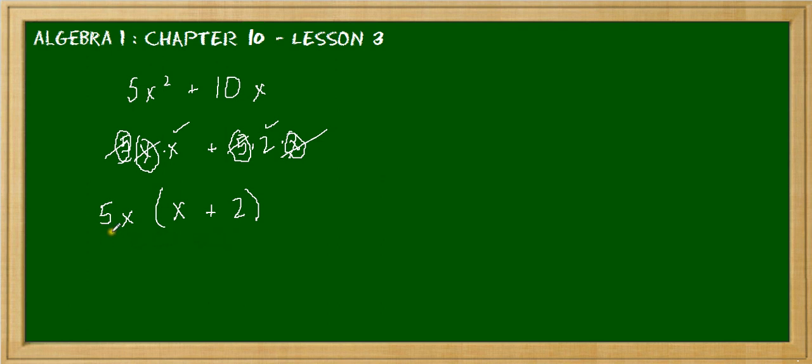If we take a look, we've rewritten this polynomial as a factor of, really, we can represent this as the distributive rule, as we have said before: 5x times parentheses x plus 2. So we have two factors here, really. And when we factor, we should end up with two factors. What makes it a factor is that we're multiplying 5x times x plus 2.